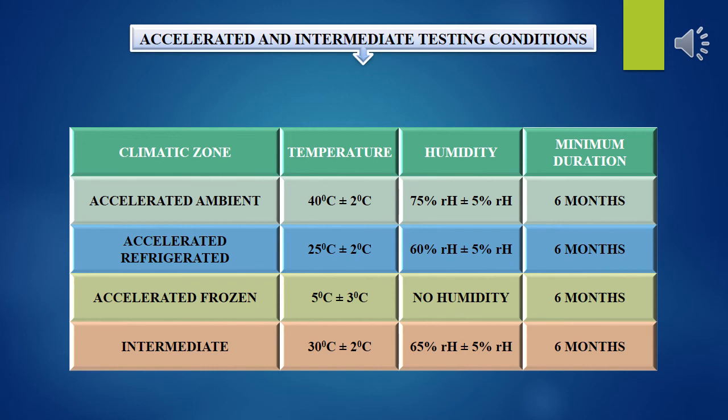The minimum duration is the same for all conditions, 6 months, for accelerated and intermediate testing conditions. Similarly, observe the other zonal conditions, temperature and humidity conditions and duration also. So these are the conditions applied during stability testing in that particular zonal region.